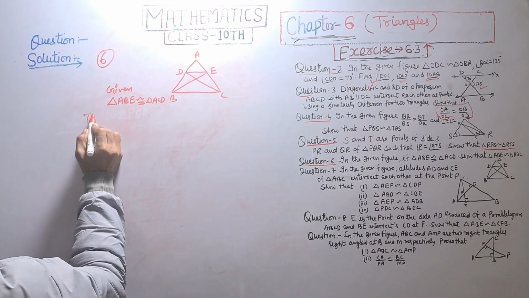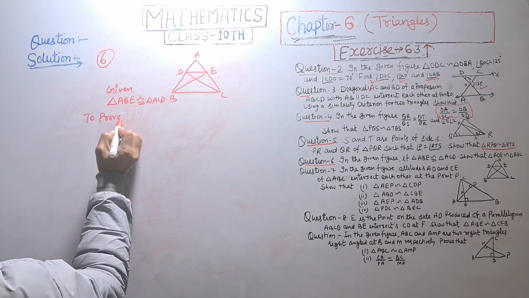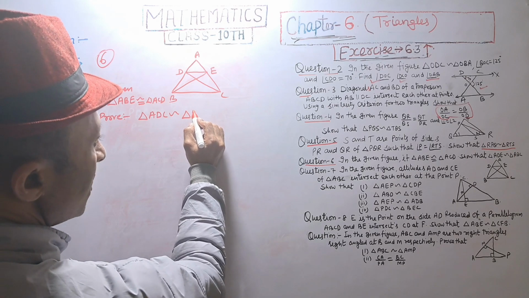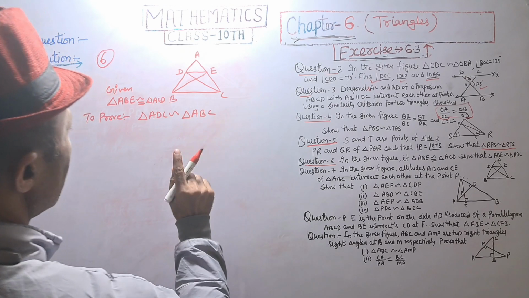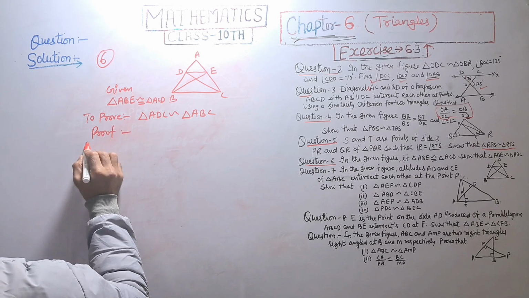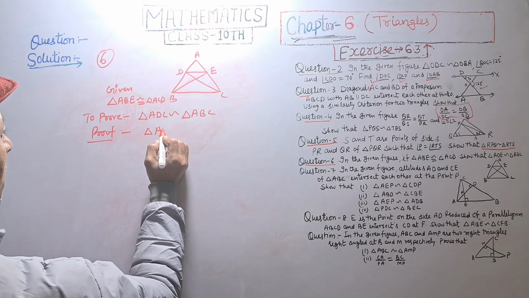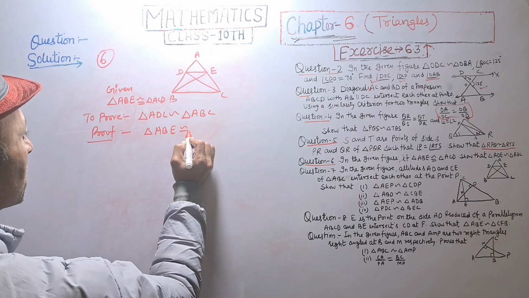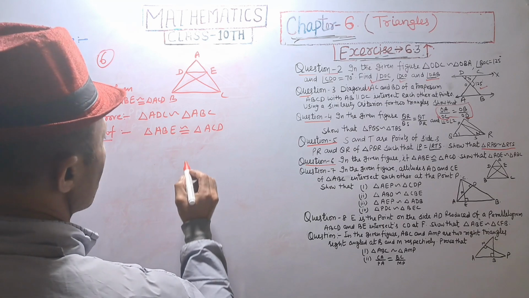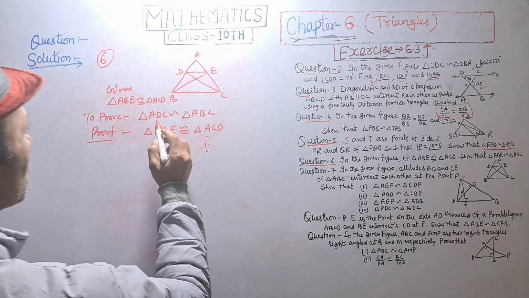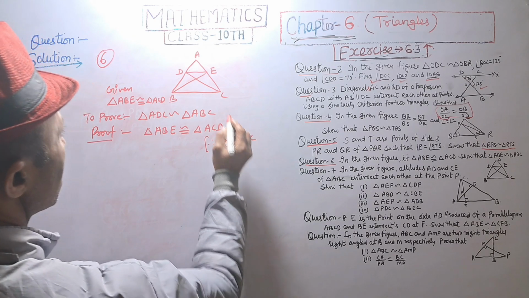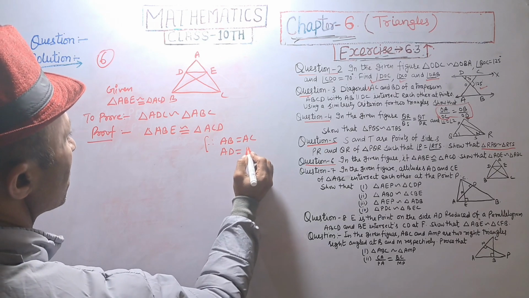To prove triangle ADE is similar to triangle ABC. Proof: triangle ABE is congruent to triangle ACD, so AB is equal to AC and AD is equal to AE.